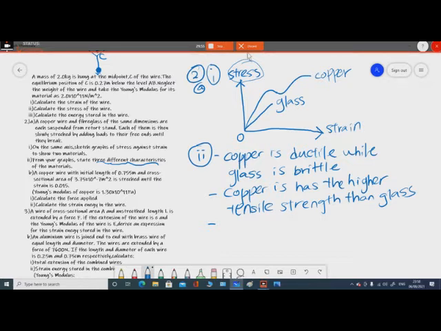As we compare the stress, let us compare the strain. Let us observe the graph.